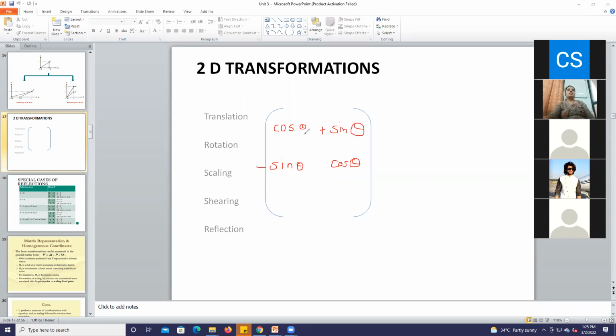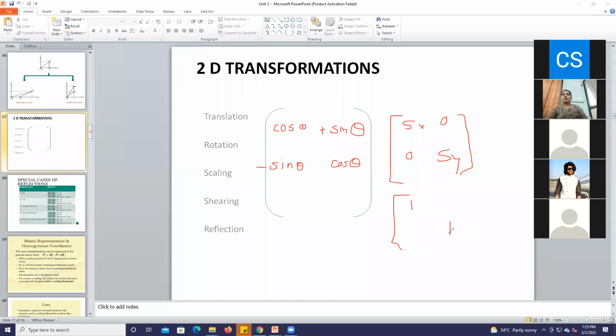Then for scaling, what is the T matrix? So the diagonal elements are responsible, and off diagonal elements are always 0. So scaling matrix is diagonal elements are responsible for scaling. Then next it's shearing. So in shearing, we are having the off diagonal elements, but here remember that the diagonal elements are 1.